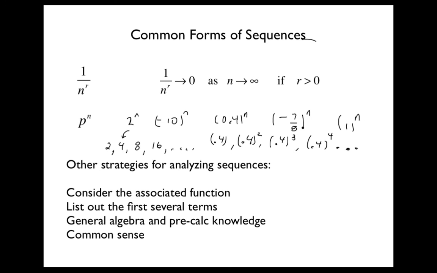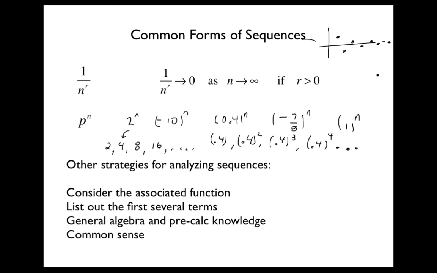By multiplying by 7/8, you're always taking a fraction of what you had before, and you just have an alternating effect. So what will that look like? That's an exaggerated view of this, if you were to graph the sequence. So that will converge to 0. You're honing in on 0.